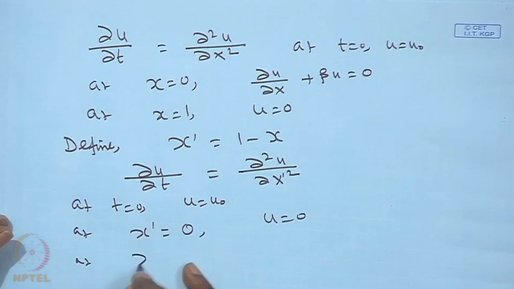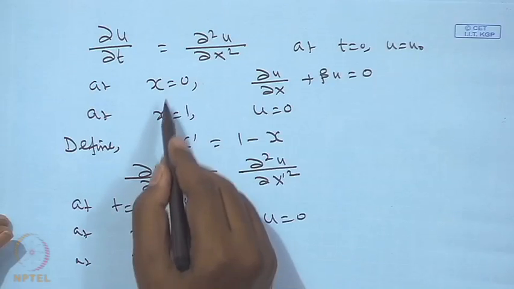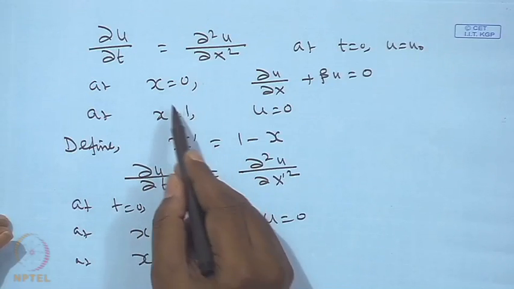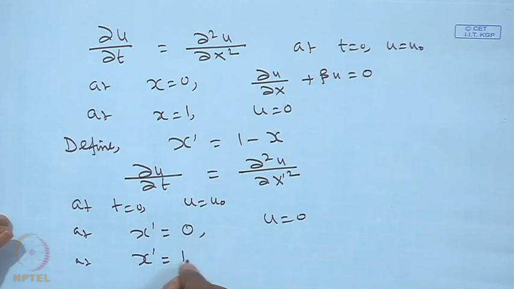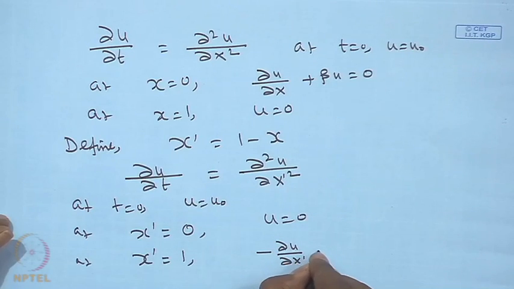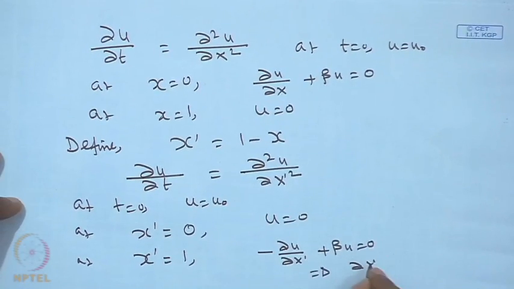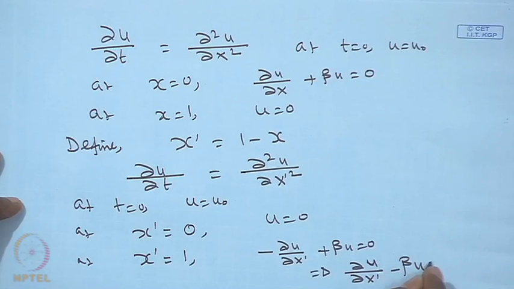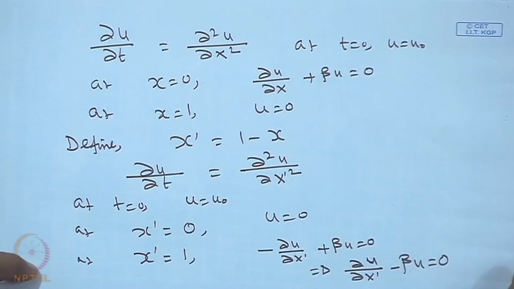When x is equal to 0, x prime is equal to 1, and we have minus del u del x prime plus beta u is equal to 0. Therefore, del u del x prime minus beta u is equal to 0.